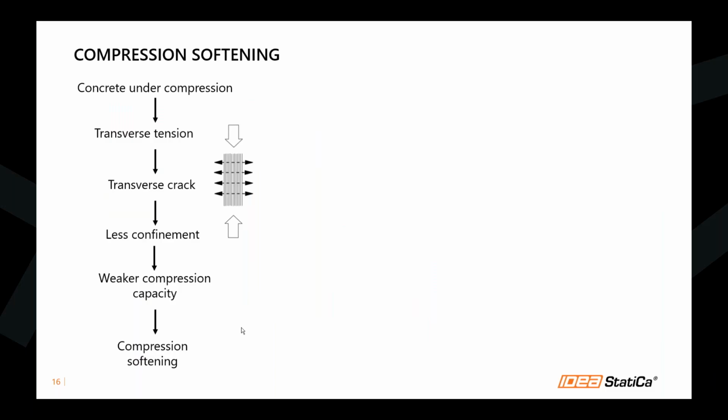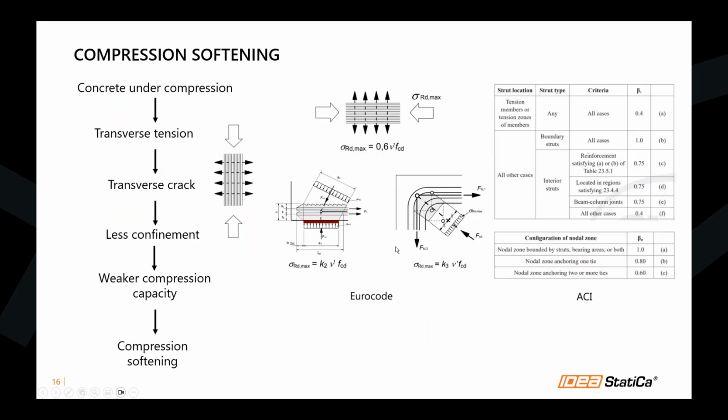Then you might ask, why is it considered in the code? Do we have to consider this based on code? The answer is yes. If you see this in Eurocode, if you are talking about strut and tie and all that, there's this reduction factor of 0.6 on the strut. And on the node itself, there are some factors K2 and K3 based on the arrangement of the node.